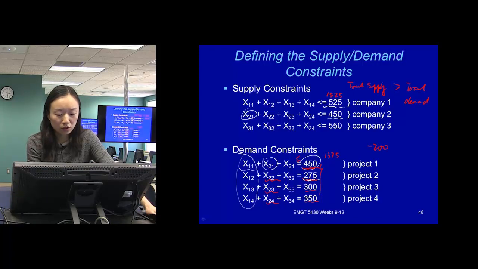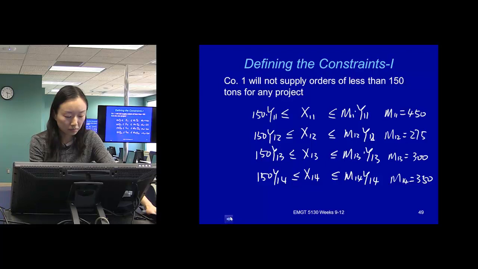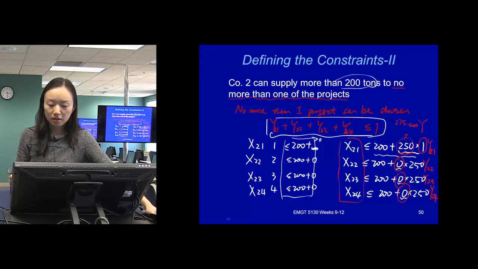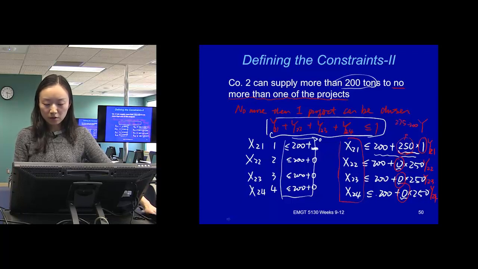If we use a number smaller than 450, then we are imposing another constraint, saying you can't go beyond 275. But in fact you can supply more than 275 in total, and the maximum you can go is 450. Since we use one constraint for all of them, we just use the maximum value instead of the minimum.